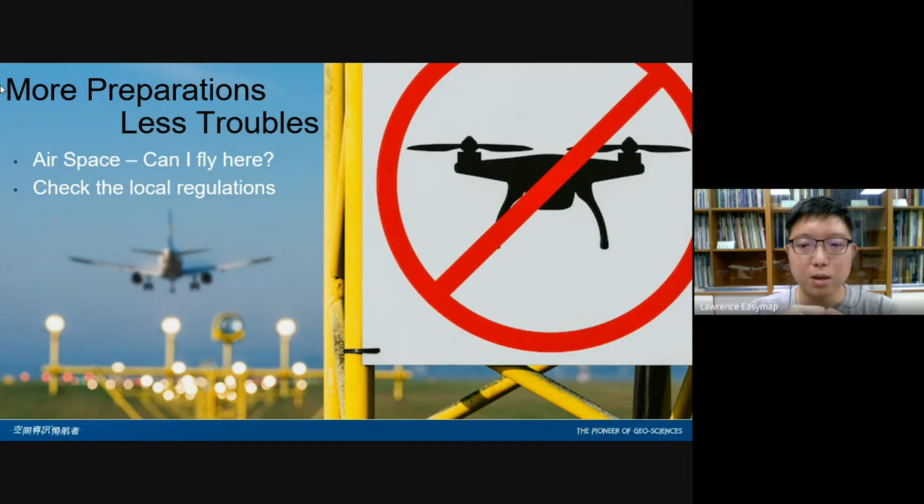There is a lot of news in newspapers and on the internet saying that some operators fly their drones irresponsibly, let's say in an airport area or military zone. It creates a lot of trouble. So how can you know whether you can fly in that area or not? You need to check your local regulations very carefully.